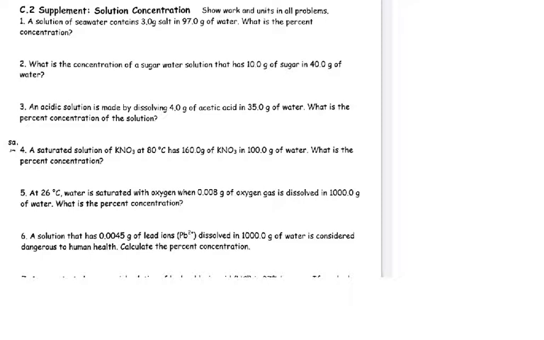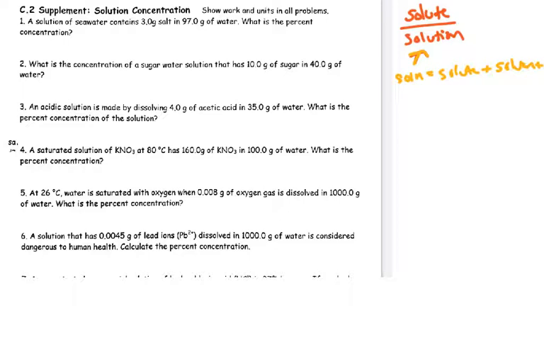The formula you're using is solute over solution. So the solution, just as a side note, solution is solute plus solvent. Water is usually the solvent, and then something's usually being dissolved in it as the solute.